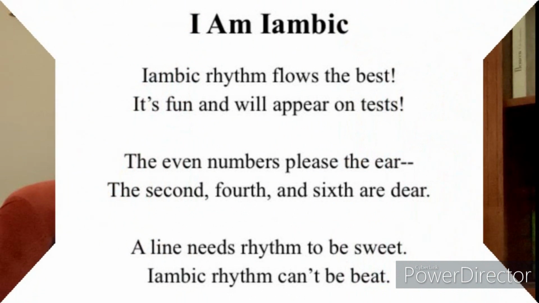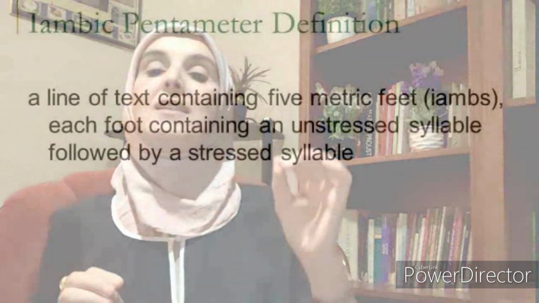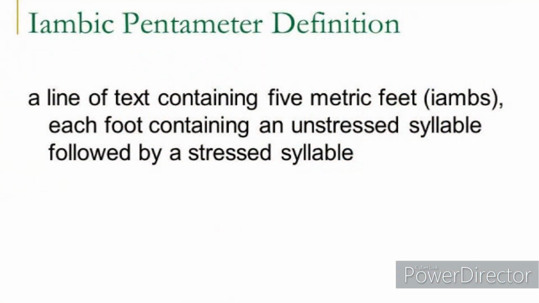We have the I-A-M-B, the iamb, and the adjective is iambic, the iambic rhythm. The iambic rhythm is the combination of 2 syllables. The first one is unstressed, the second is stressed.